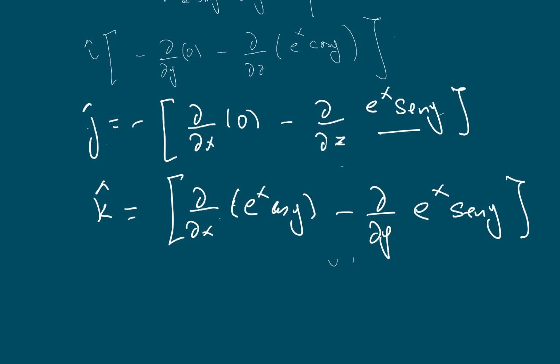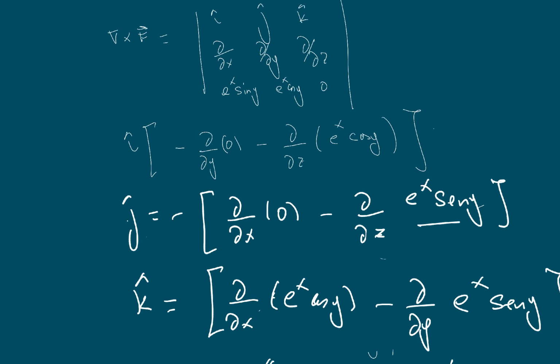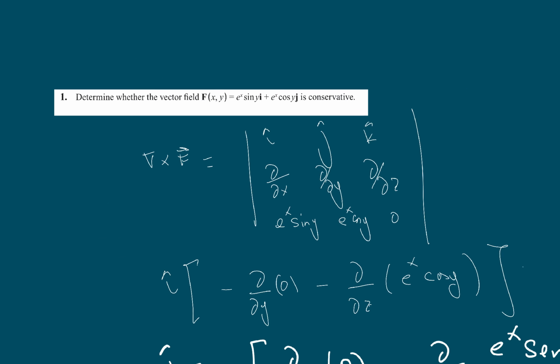The derivative with respect to x of e to the x cosine of y is e to the x cosine of y, and the derivative with respect to y of e to the x sine of y is e to the x cosine of y. So all the components are 0, so this vector field is conservative. Let's go to the next problem.